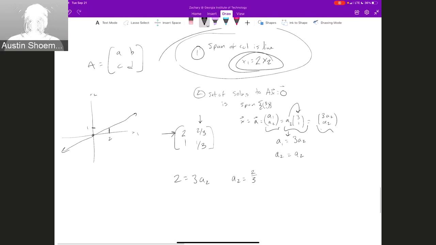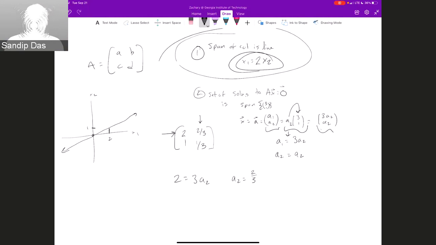Wait, I don't think this is right, because this solution doesn't fit the second condition. Yeah, I think I missed a negative or something. When you got A1 equals 3A2, aren't you supposed to put it back, so A1 minus 3A2 equals 0, in that form?